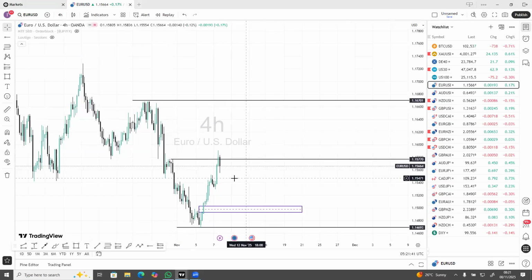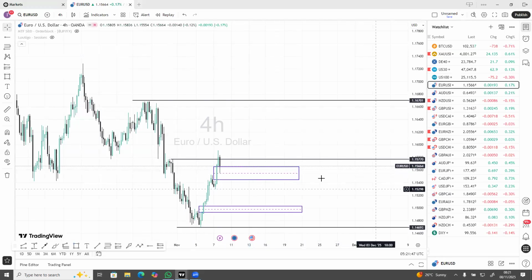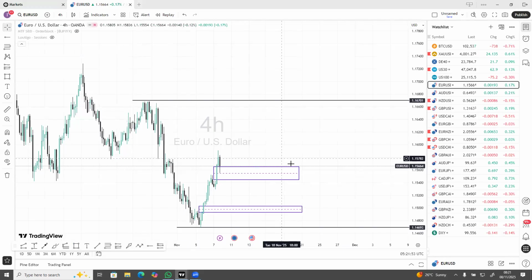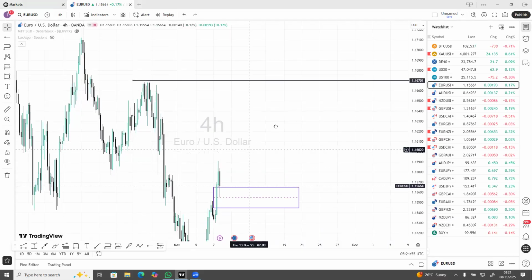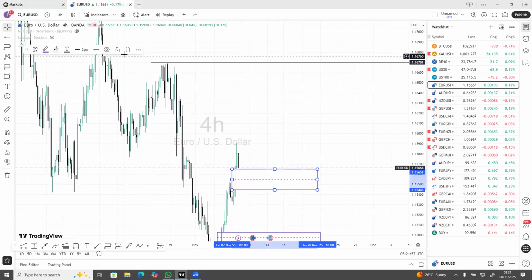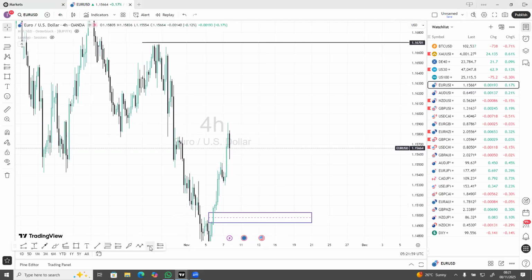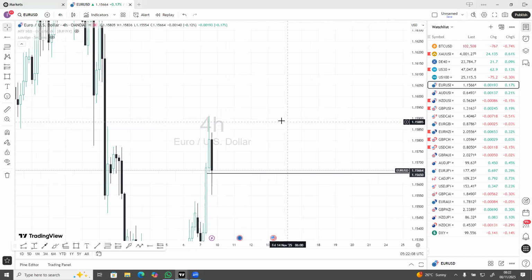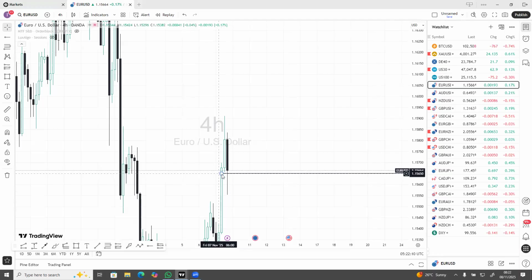Here at this FVG, you can see price has already mitigated that fair value gap and created a good CRT model for the hour.